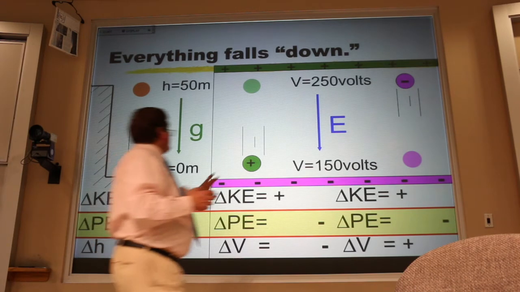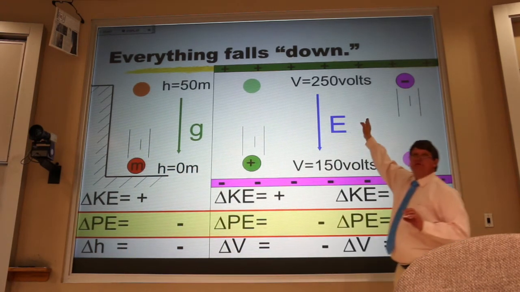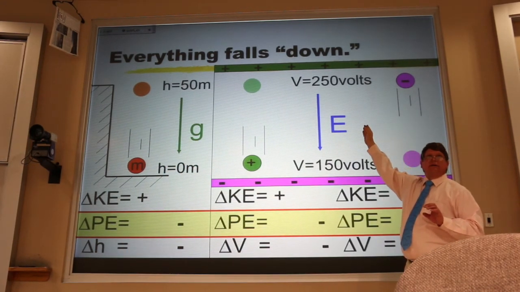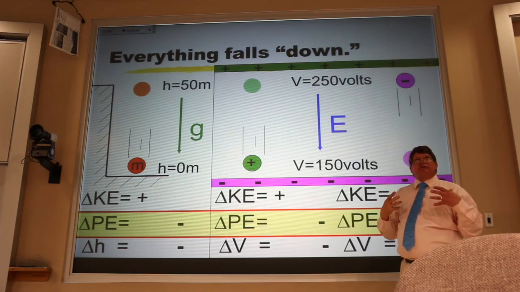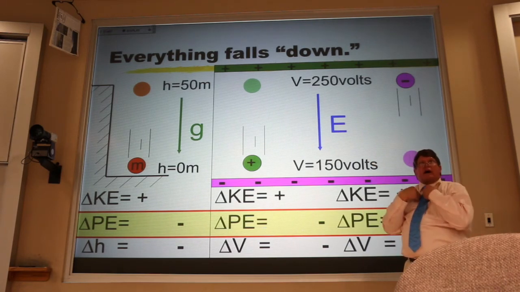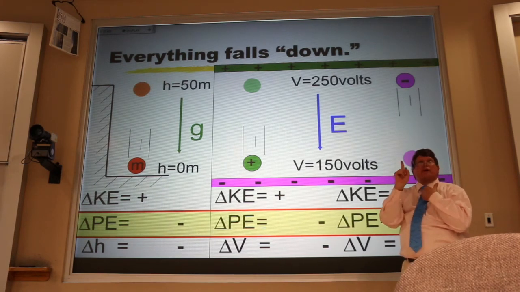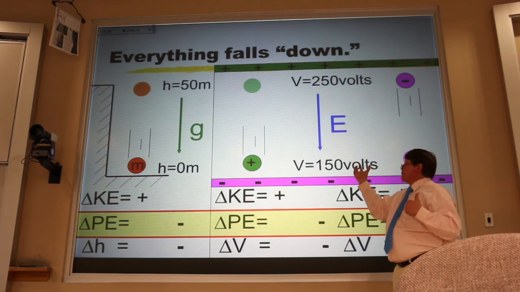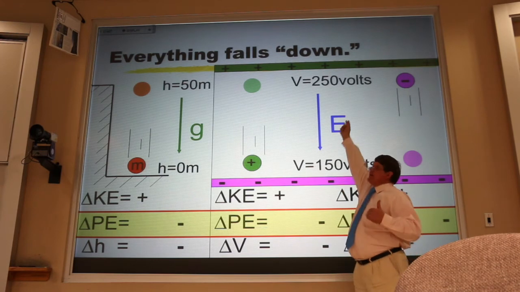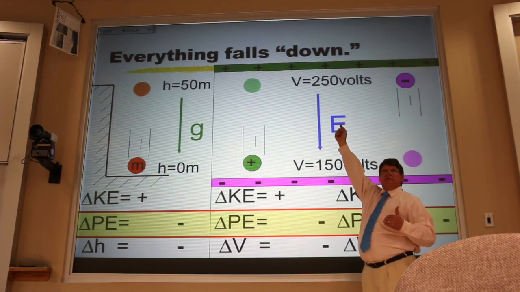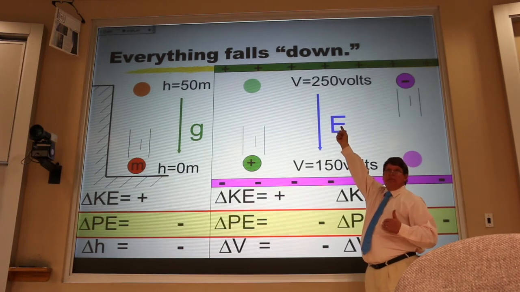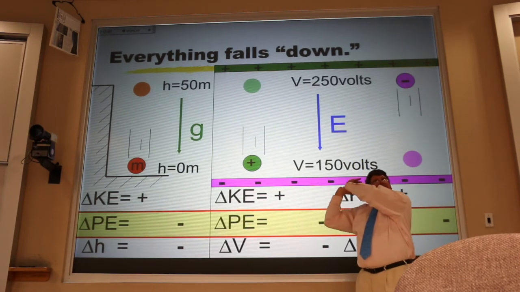Okay, folks, the reason that I've got a higher voltage near the positive plate: think about what voltage is. It's how much work I have to do on a +1 coulomb. Well, if I had a +1 coulomb and I wanted to get it up there, would it want to go up there? No, it doesn't want to be near that positive plate. I'm going to have to fight to get it up there.